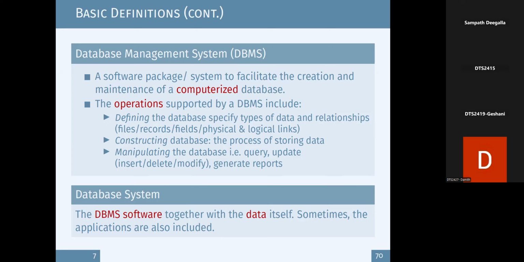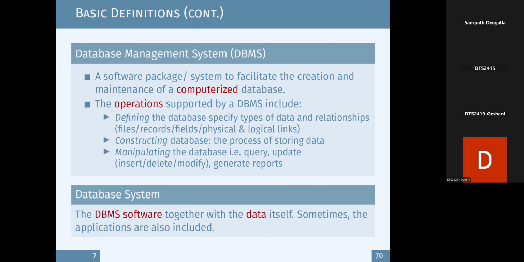Right. Now, when you talk about database management systems, basically we use software packages to facilitate creating and maintaining these data sets. Especially we call them computer databases. And this software supports operations starting from defining the databases.